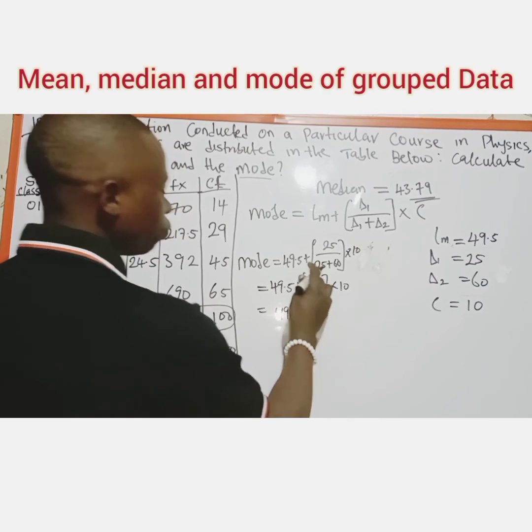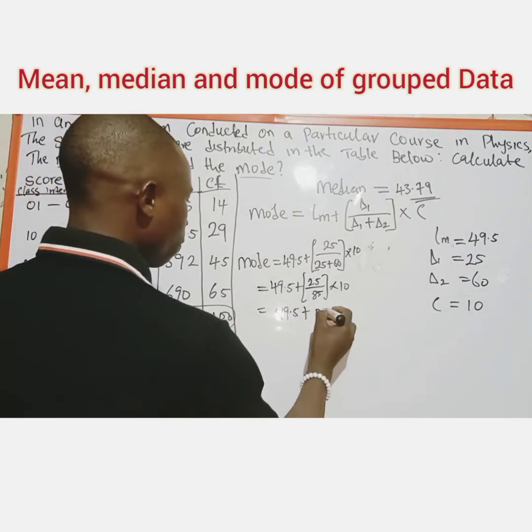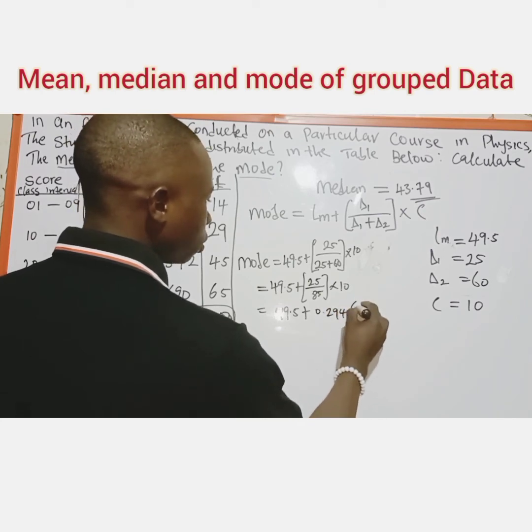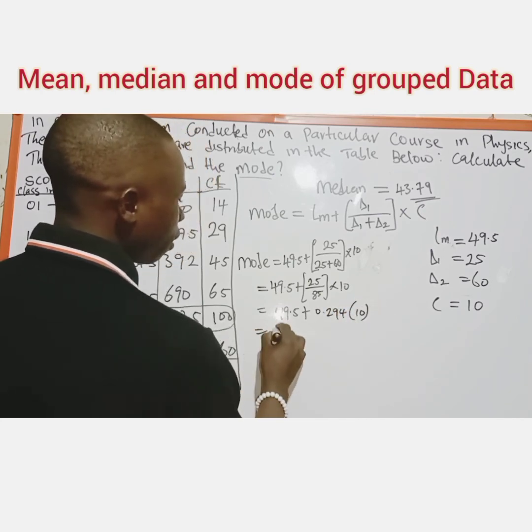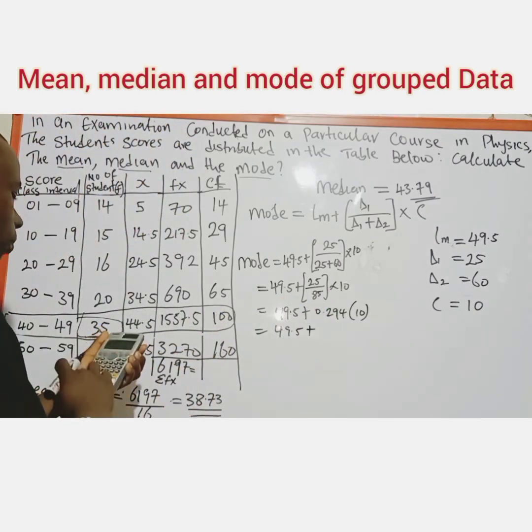So 25 divided by 85 will give me 0.294. Then multiply by 10. So I'll have 49.5 plus 0.294 multiplied by 10.